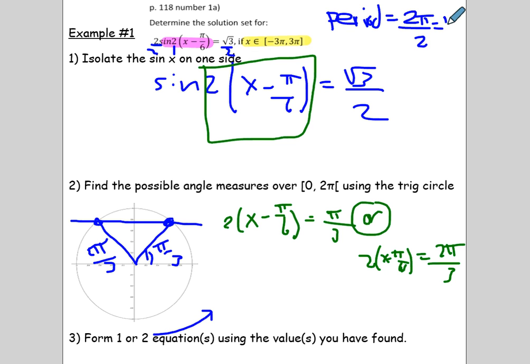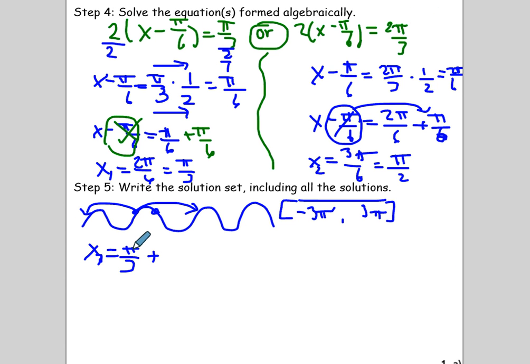So 2 pi over 2. My period in this problem is pi. So I'm going to start with pi over 3, and I'm going to add my period, which is pi. Now remember, when you want to add fractions, they have to be on the same denominator. So this one is over 1. I'm going to need to times by 3 at the bottom, times by 3 at the top. So I'm going to have pi over 3 plus 3 pi over 3. My second point will be 4 pi over 3.